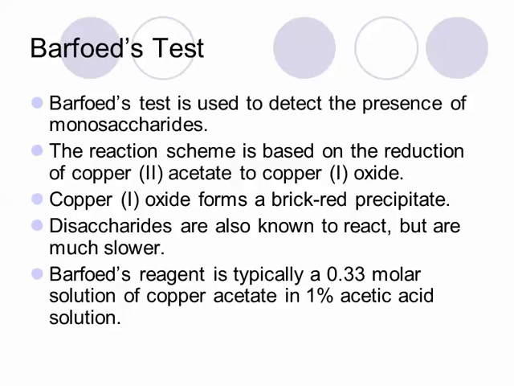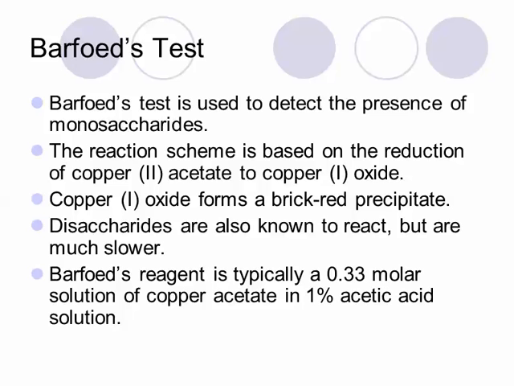The next one is Barfoed's, and if I take a look at the Barfoed's test, this helps detect the presence of monosaccharides as well, and this also uses a copper solution. This is a mixture of copper(II) acetate and copper(I) oxide. Copper(I) oxide, of course, forms this precipitate again. Disaccharides react as well in this case, but they react much slower.